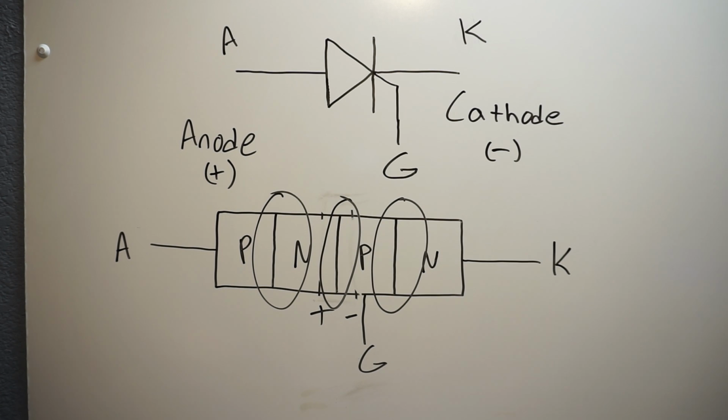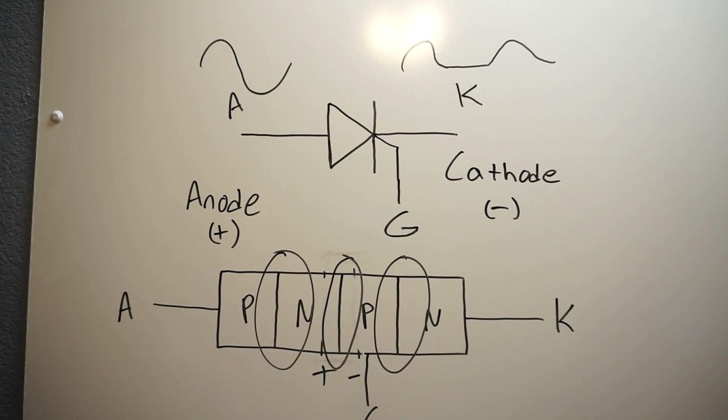We'll look at the graph on that, like I said, but this guy will continue to conduct. They're not very easy to turn off unless the current flowing through falls below the holding current. There are other types of SCRs called GTOs, where you can apply a gate current which will turn the SCR off, but it requires a significant amount of gate current. We're not going to really look at that here.